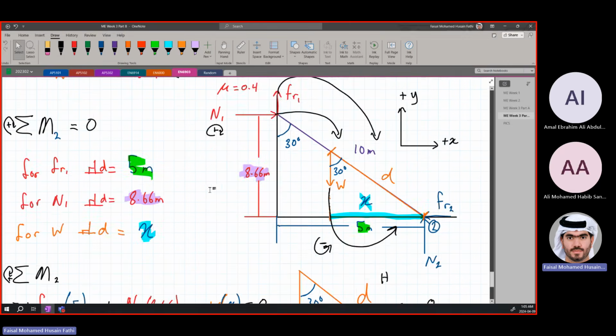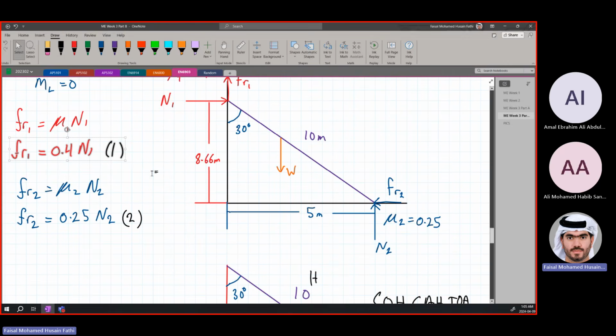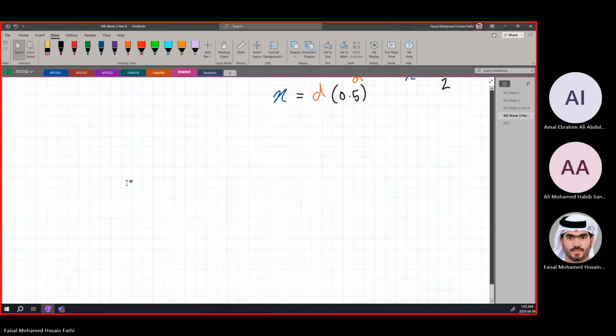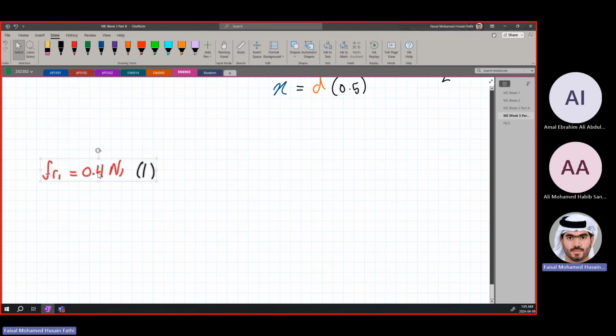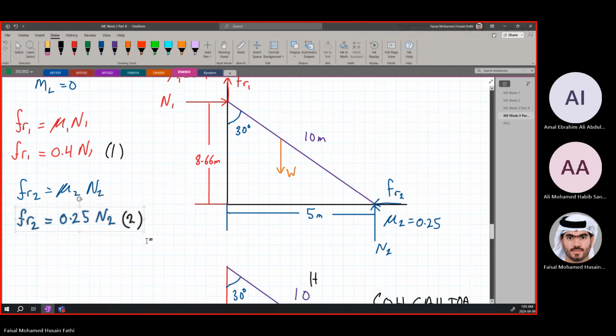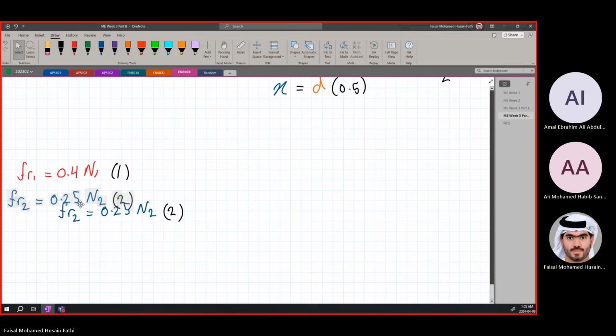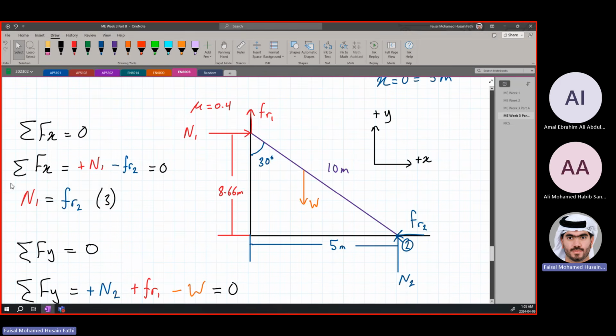Now we can just gather up all the equations together and start solving. So we have this equation, the first equation. We have our second equation. We have our third equation, N1 equal FR2 there.